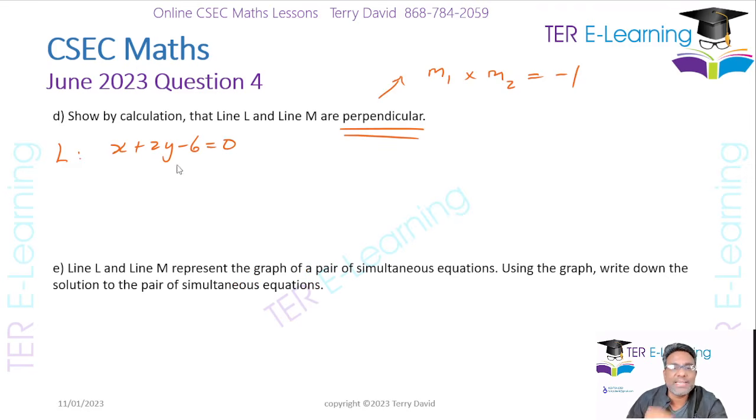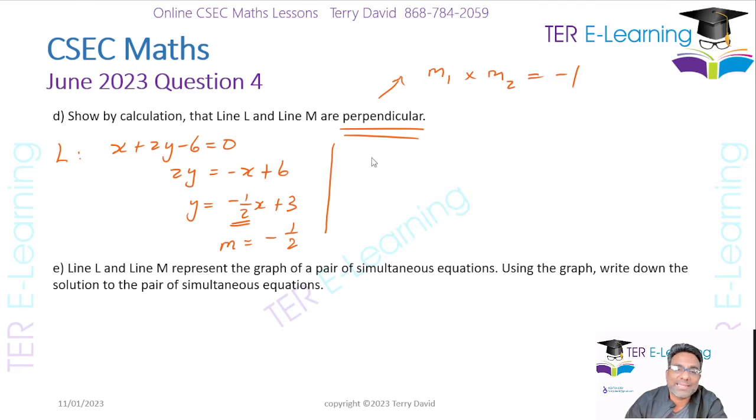So let's write this in the form y is equal to mx plus c. So 2y is equal to minus x plus 6, and therefore y is equal to minus a half x plus 3. That's the equation of the line L. So the gradient is going to be minus a half.